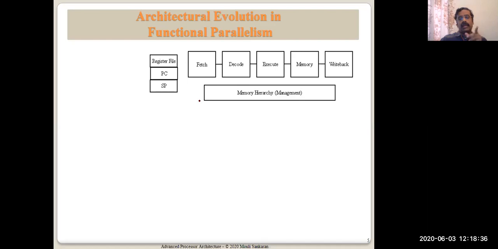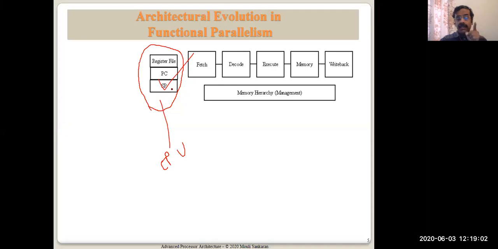Okay, now let me come back here. This is the context. If I say register set, and PC and SP together, I am showing it here to say that this is the CPU context. When I say a process is getting context switched, what is saved is the content of all of them.